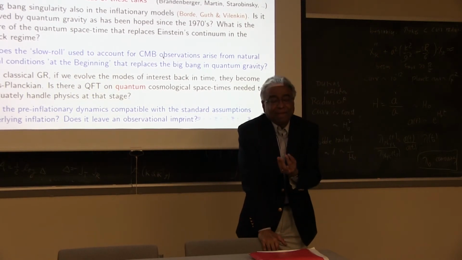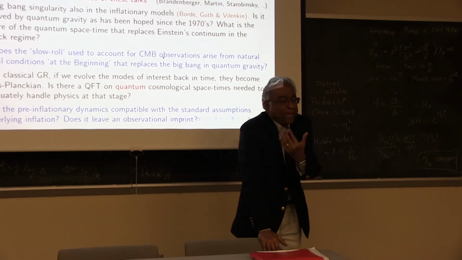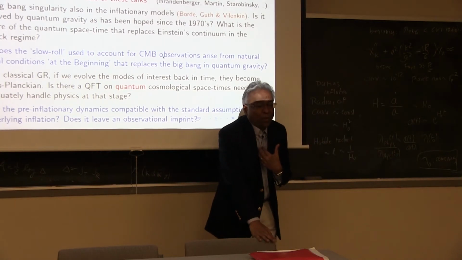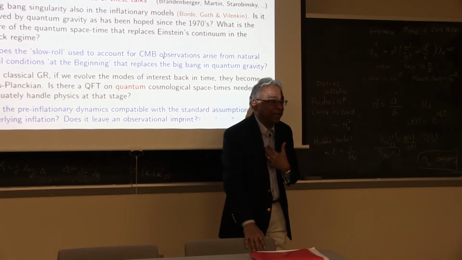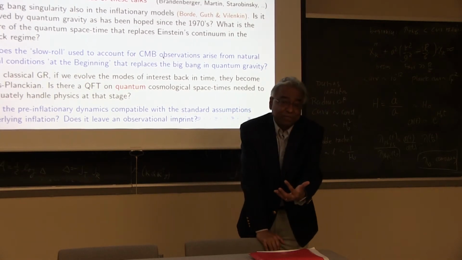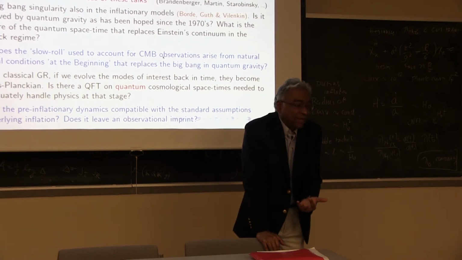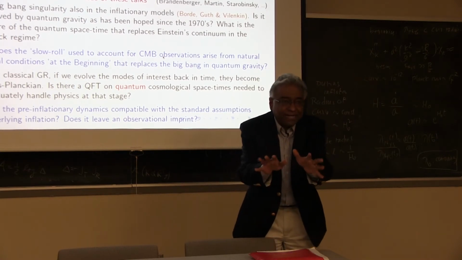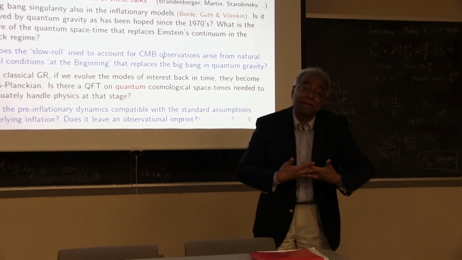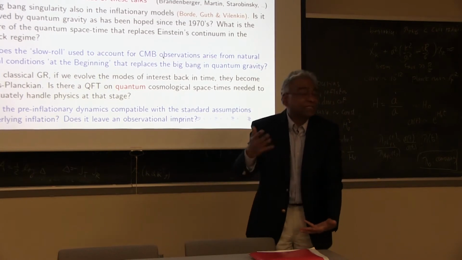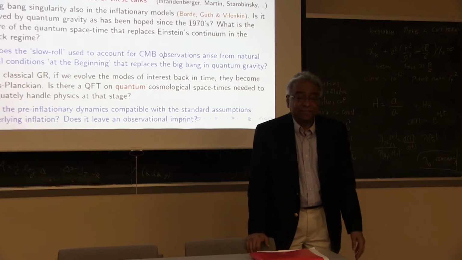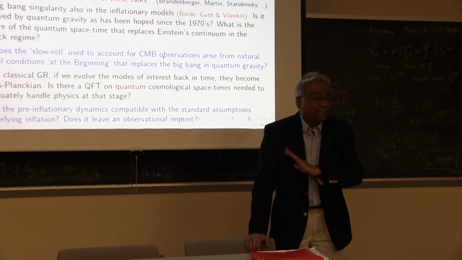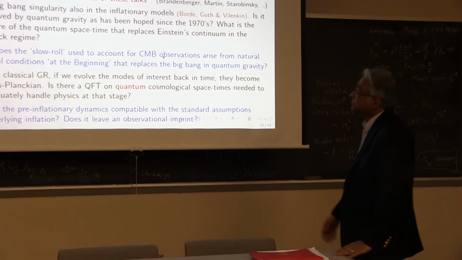Because it made a few assumptions, and what we got out of the theory, at least in our subjective judgment, is much more than the assumptions that went into it. It doesn't justify the assumptions by any means, but it invites people to say, well, there's something right about this assumption. Is there a more fundamental theory from which these assumptions will actually follow, or will justify this particular procedure? I think the same thing is true about inflation.